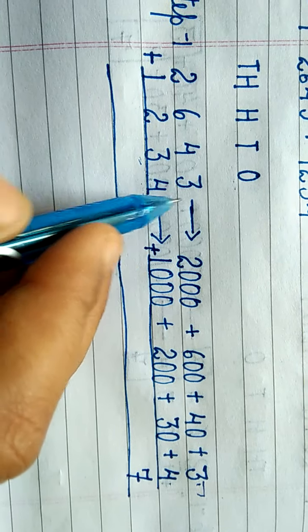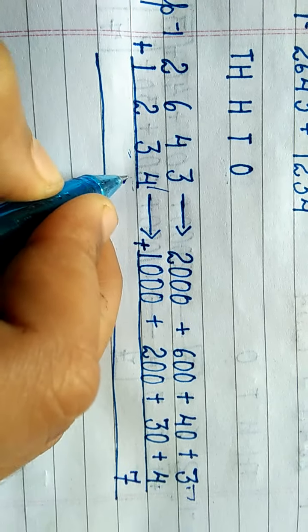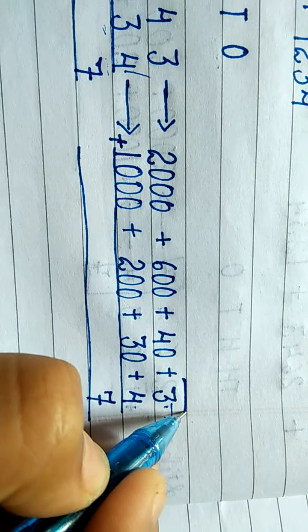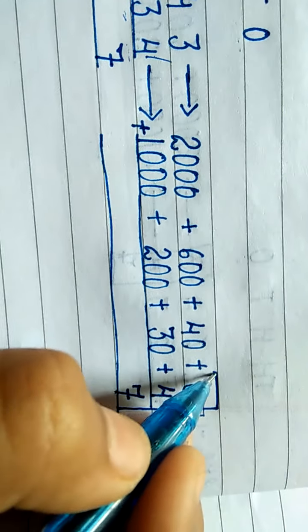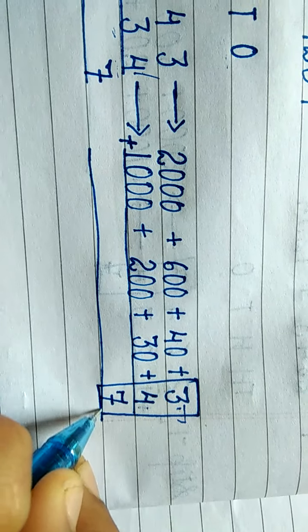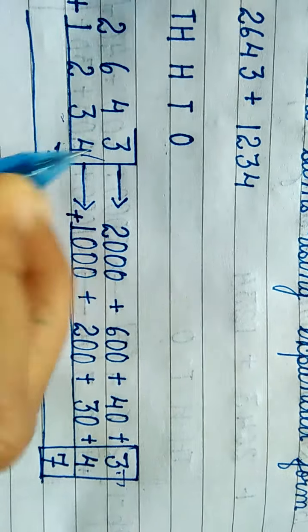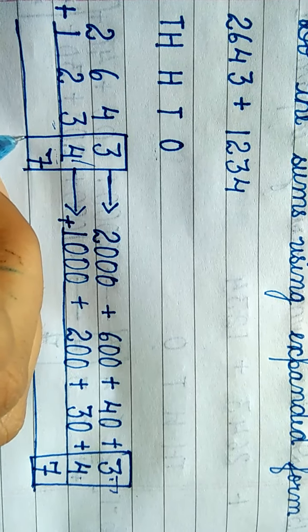And here also add. Then both will be highlighted, this and this. This is the ones place.